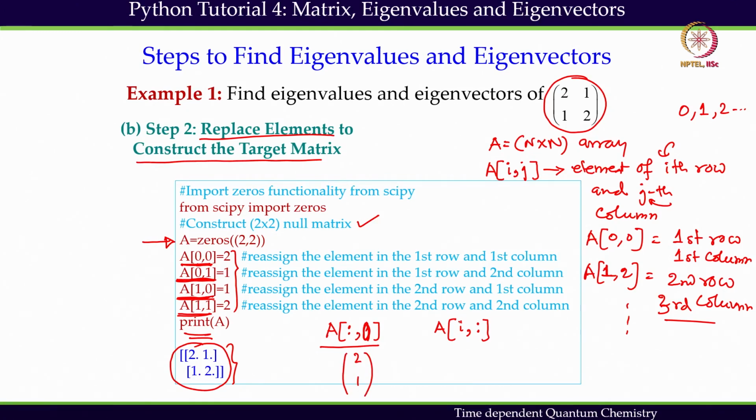Similarly, this gives me the entire row, and if it is 0 comma colon, it means that I'm going to get back the entire row, and that is going to be 2 1, the first row, and this is first column because the 0th index is indicating the first column. So these are the ways one can collect the particular entire row and entire column of a matrix which has been represented in Python already.